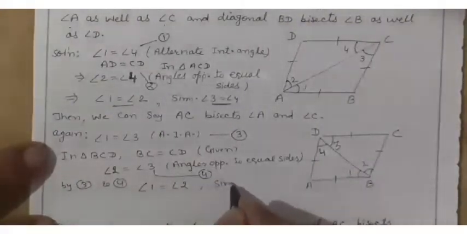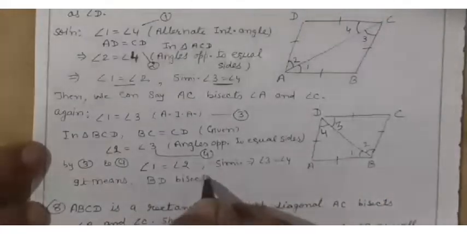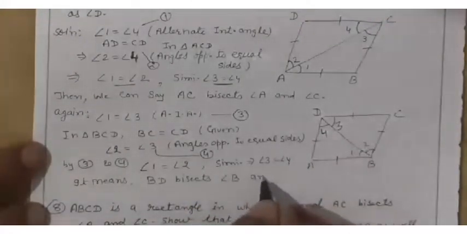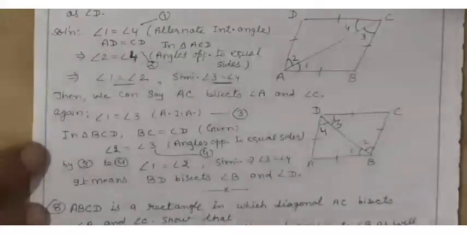If 1 is equal to 2, similarly you can prove 3 is equal to 4. It means BD bisects angle B and angle D. This is your answer.